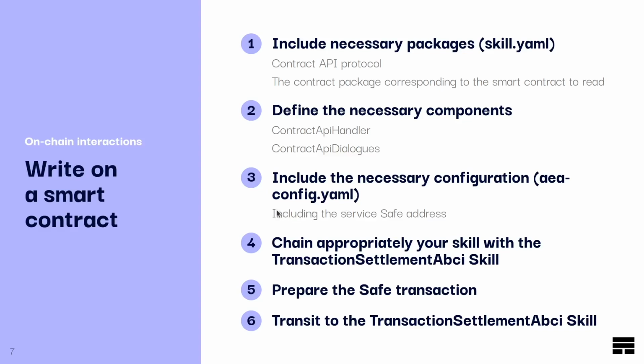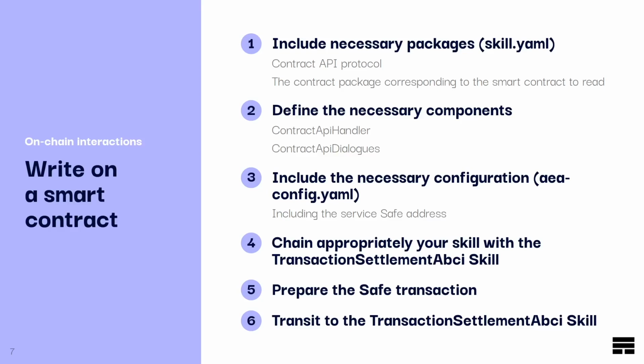In this case, you also need to provide the service safe address. You also need to execute some additional operations. You need to chain your skill appropriately with the transaction settlement ABCI skill.